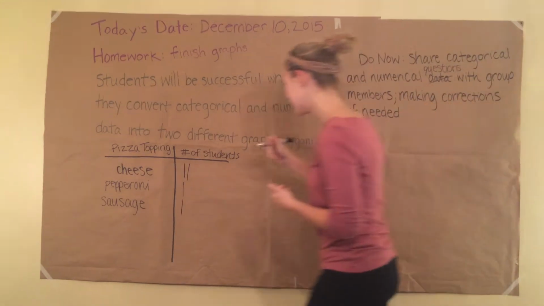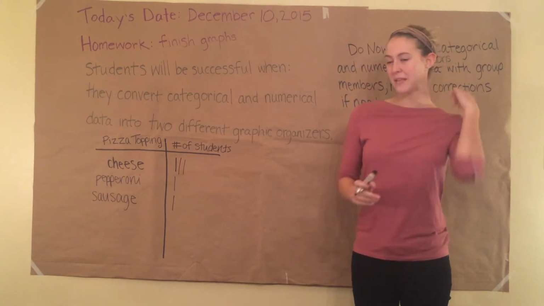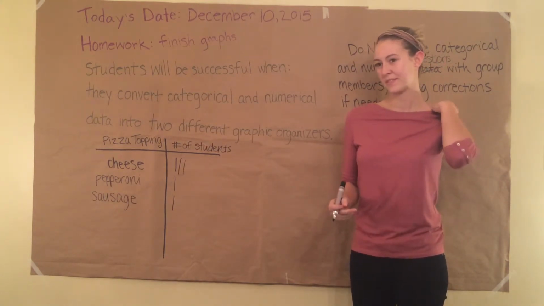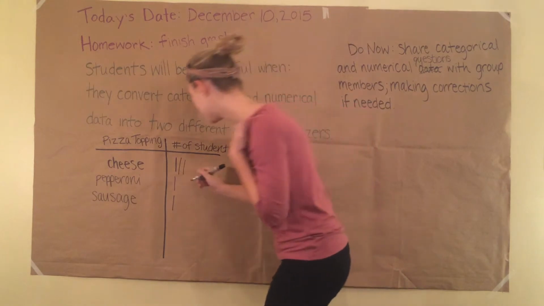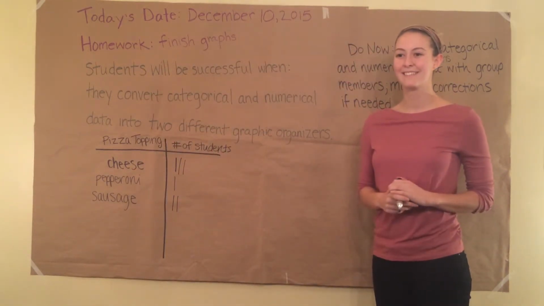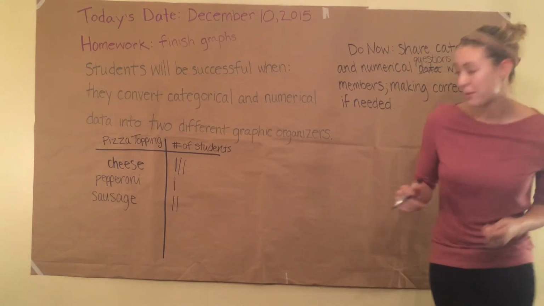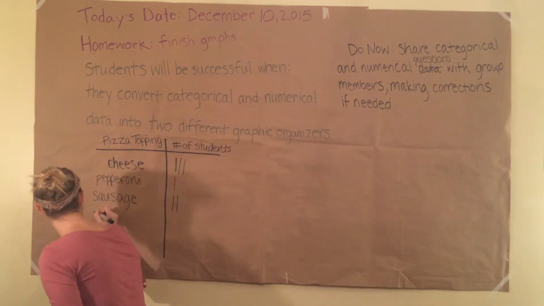Another cheese. What is your favorite pizza topping? Your favorite pizza topping is sausage. All right. Yeah, another one. What is your favorite pizza topping? Green peppers, all right.